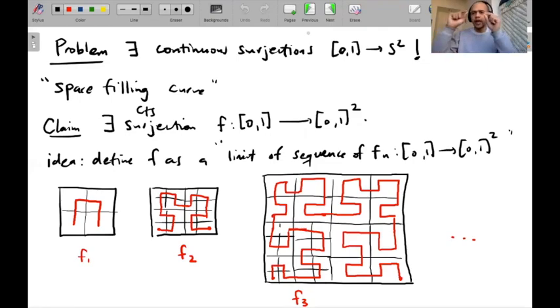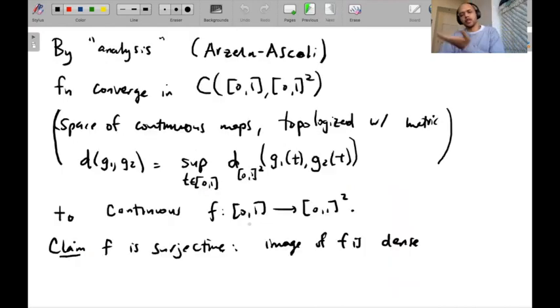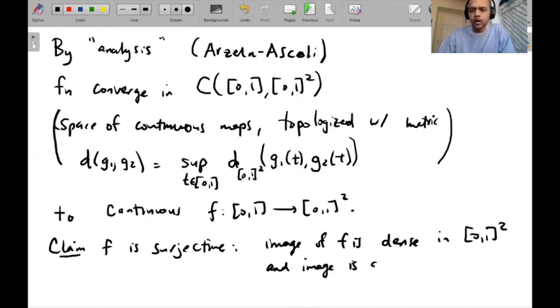If you just take any point on the disk or on the unit square, and you fix some small epsilon, eventually there will be one of these FNs that passes within epsilon of that point. And as a consequence of this, the function that these things converge to is going to have a dense image. So it's dense in 0, 1 squared. And the image is also compact because 0, 1 the closed interval is compact.